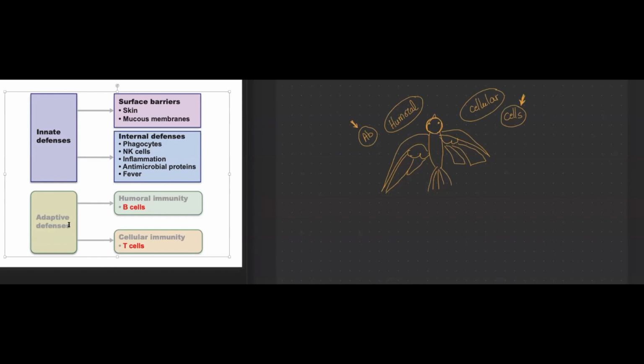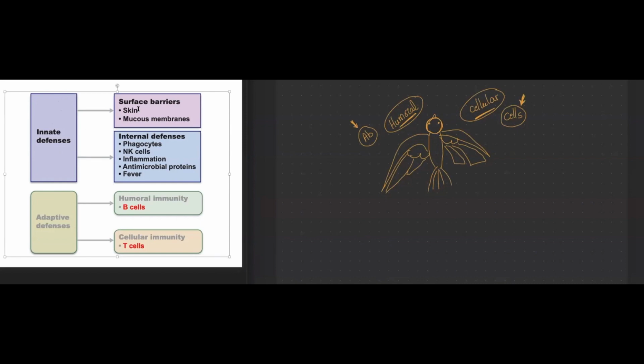So again, the first set of immune defenses that you rely on are the innate defenses. Those are non-specific. They are not targeted. Those include external defenses, which act as surface barriers like your skin and your mucous membranes.